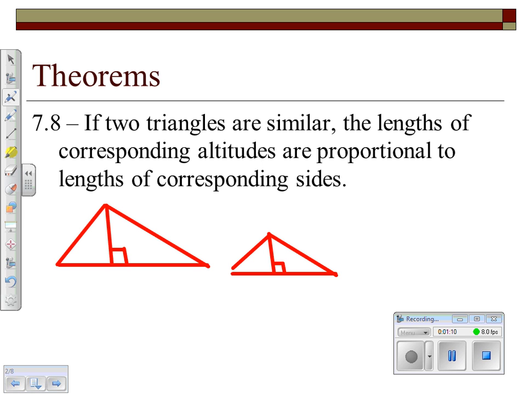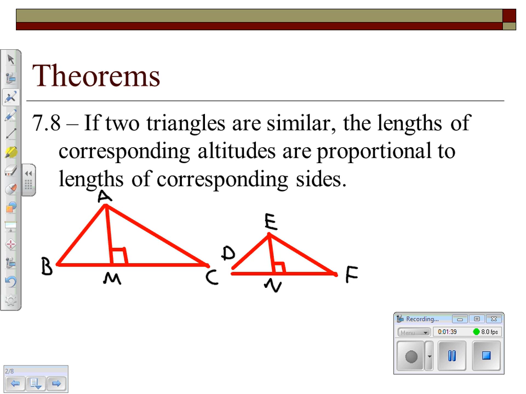Let's label these. Let's say my first triangle was A, B, C. My second one was D, E, F. And on the altitudes, let's make that M. Let's make that N. According to this theorem, if I tell you the triangle ABC is similar to triangle EDF, that means the ratio between the two altitudes is the same as the ratio between any two corresponding sides.